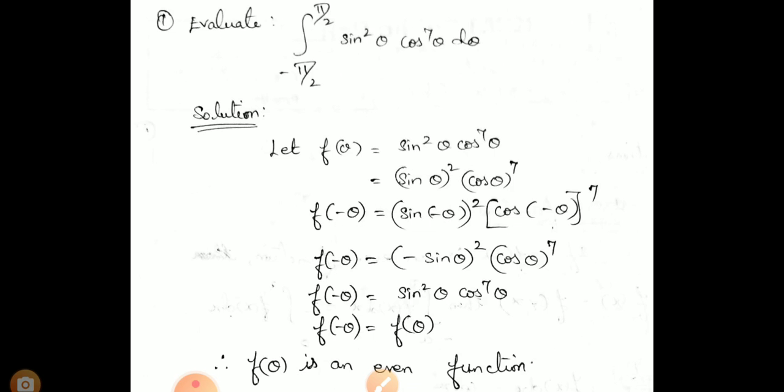Now again we are squaring, what will happen? Sin squared theta and cos power 7 theta, that is f of theta. So when we are applying, we are getting that f of theta is equal to f of minus theta. So it comes in the definition of the even function. Therefore f of theta is an even function.